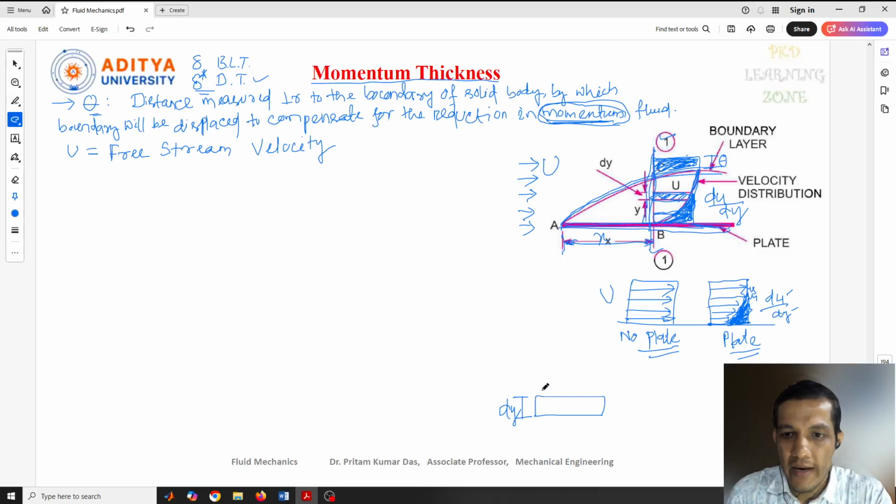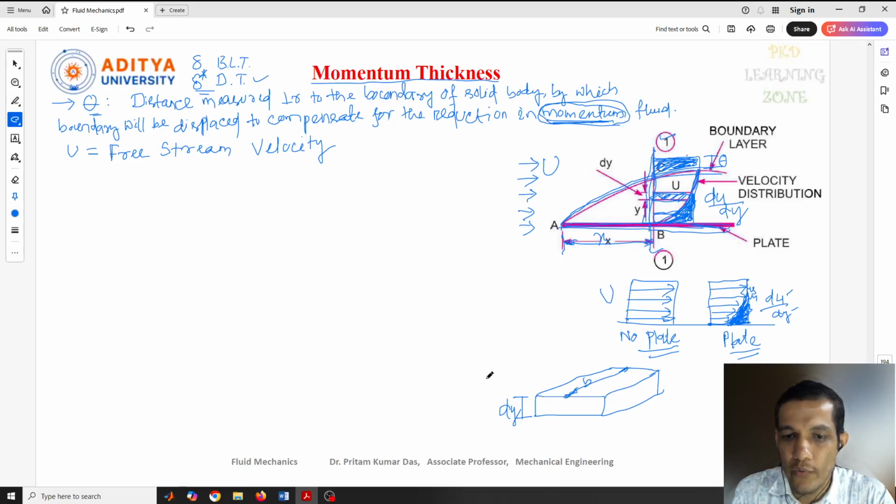This small elemental strip that we have considered, we can draw in this way. This is the height or thickness of it. Again, what is the width of this body? We can consider the width in this way, this is b.